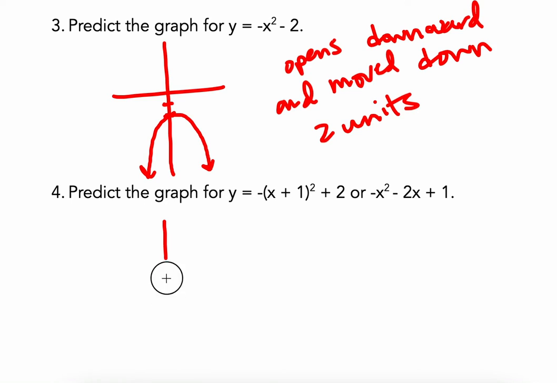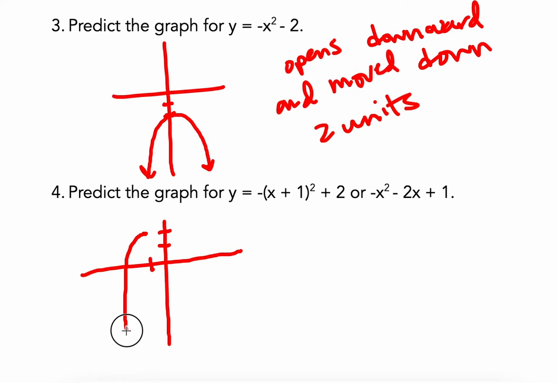All right, we're going to sketch what our graph looked like. It was opening downwards. It had shifted to the left 1 unit and then up 2 units. To the left 1 unit, up 2 units. So this was its center right here.